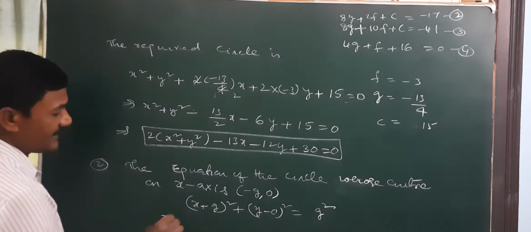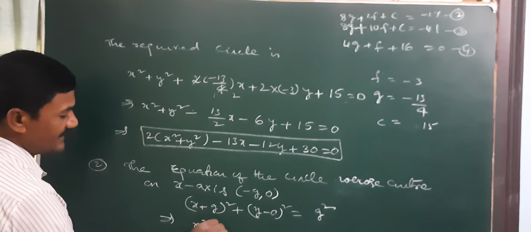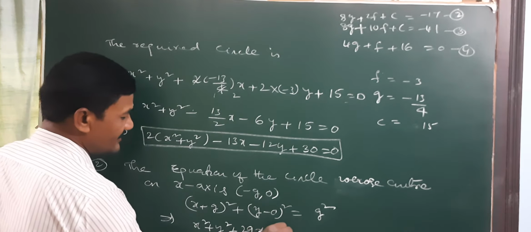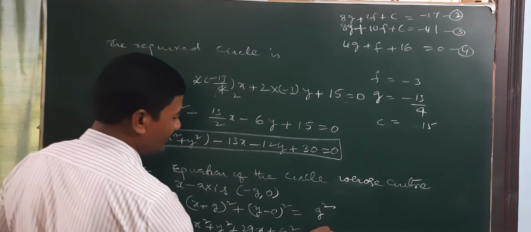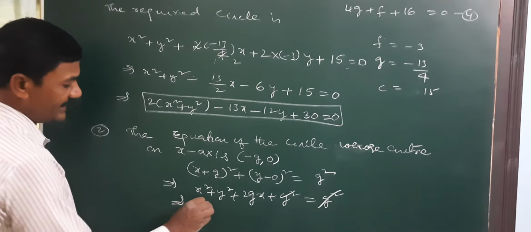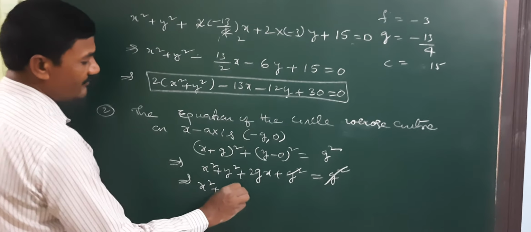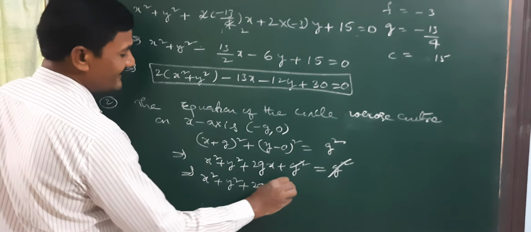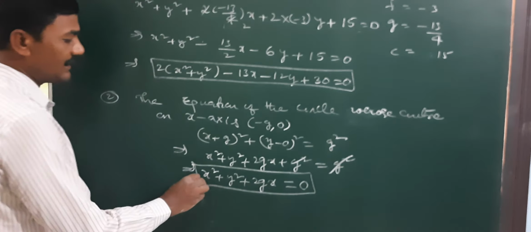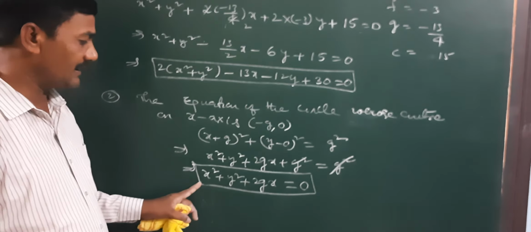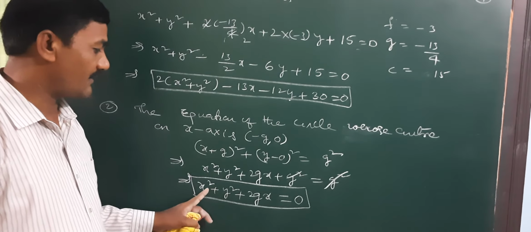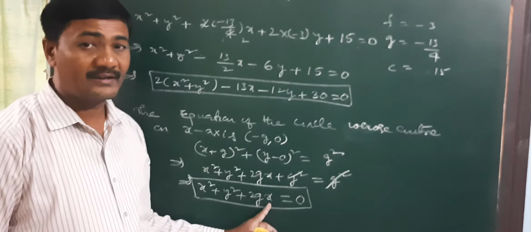We can simplify this: x square plus y square plus 2gx plus g square is equal to g square, and g square cancels. So the ultimate equation is x square plus y square plus 2gx is equal to 0. This is our equation of the circle whose center is on the x-axis.